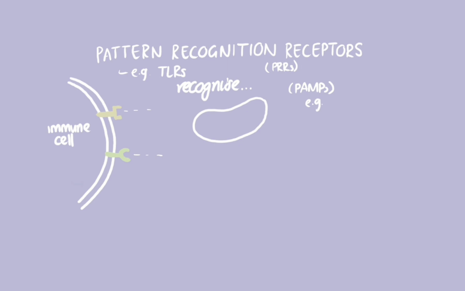Examples of these are flagella and a cell wall, both of which are specific to bacteria, specific to pathogens. They're not normal, they shouldn't be found in human cells. So what happens after these pattern recognition receptors, or toll-like receptors, recognize these patterns that you only see in bacteria?